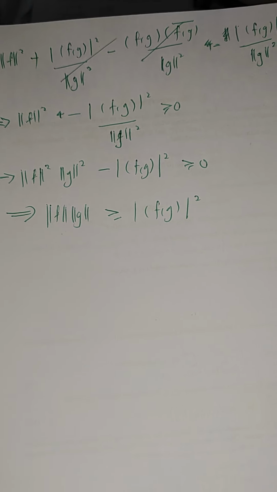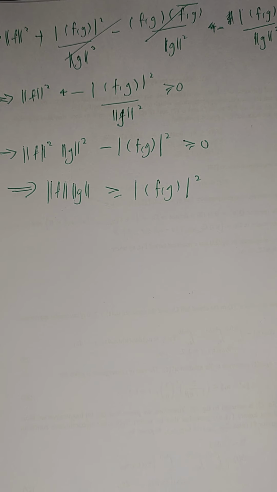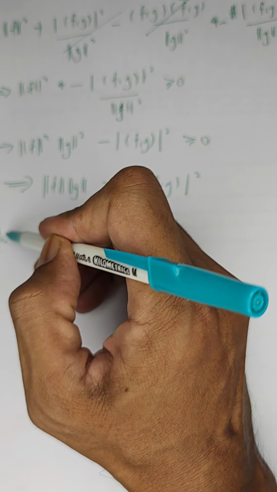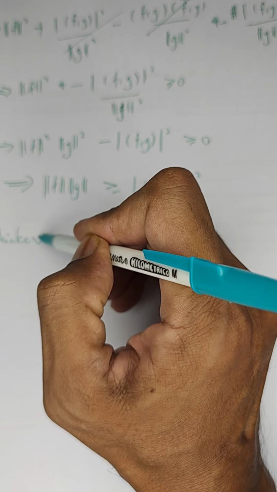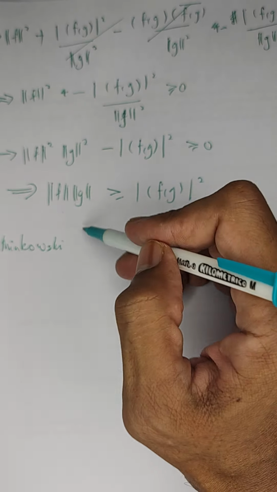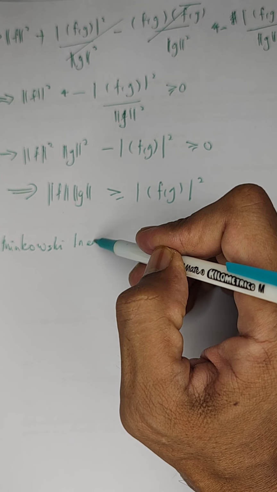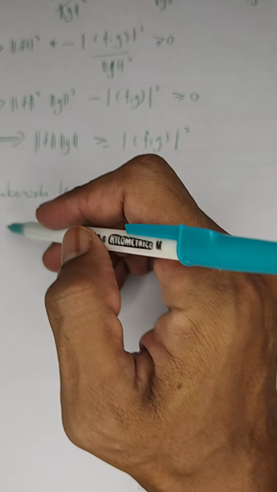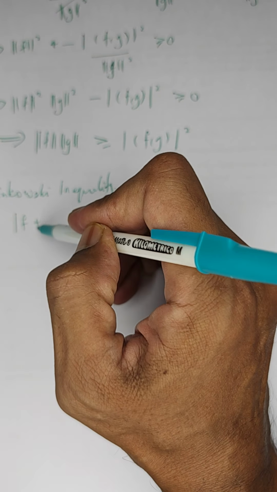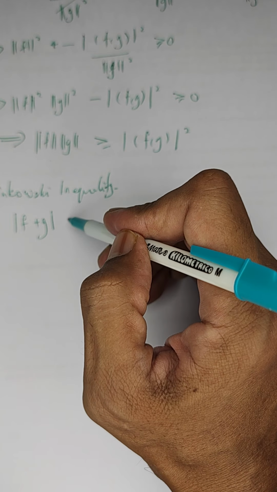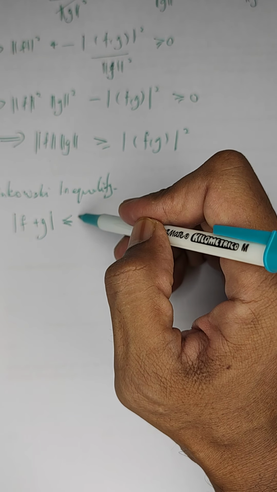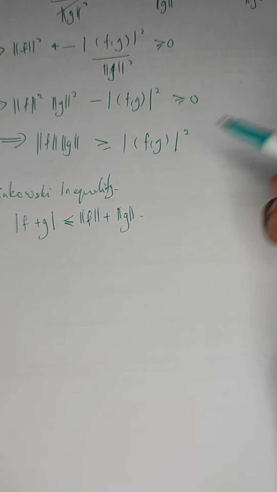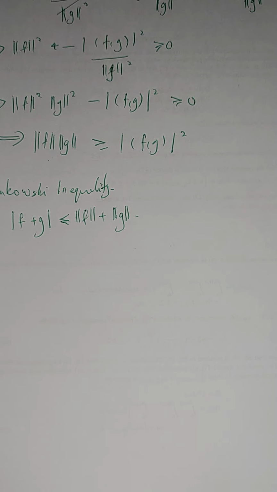Okay, and next we have the Minkowski inequality, which is given as the norm of f plus g less than or equal to the norm of f plus the norm of g.